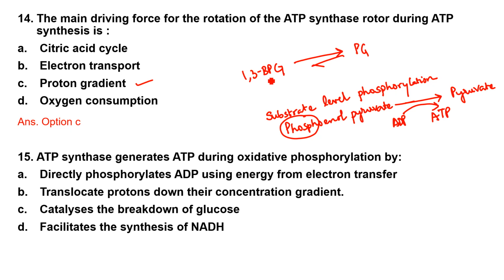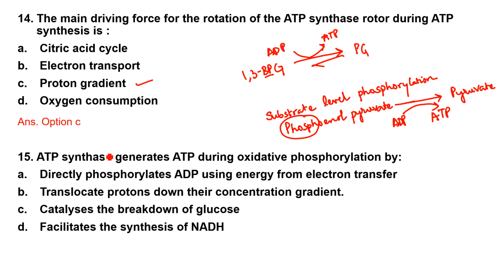These are all reversible reactions. Here also there are two phosphate groups in bisphosphoglycerate, and in phosphoglycerate there is only one. So it transfers this phosphate group to ADP, and hence ADP gets converted into ATP. So these are substrate level phosphorylation.